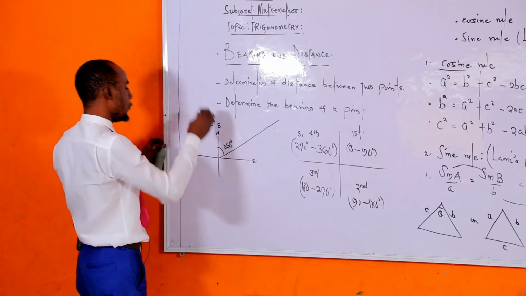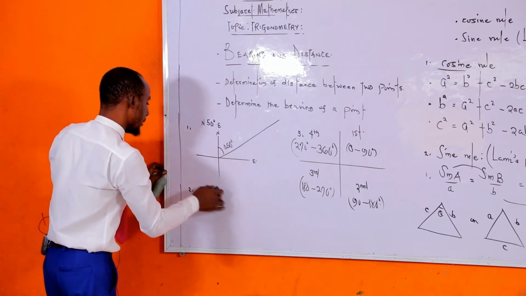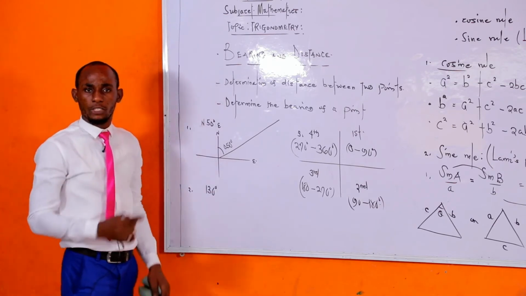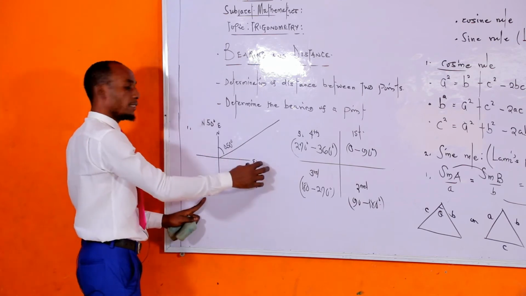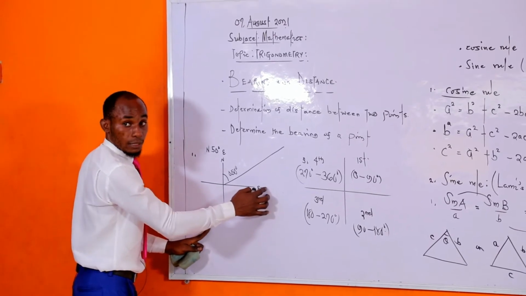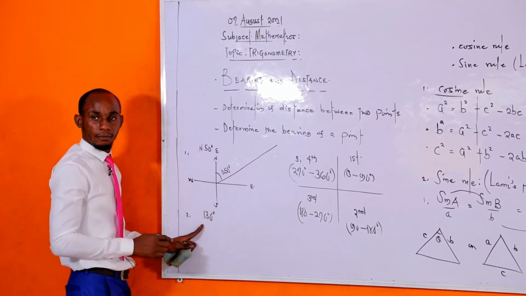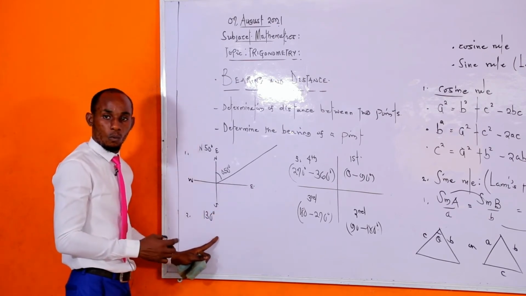Now, if I should give you this, 130 degree, let me ask you a good question. Where will this fall? Will it be northeast, or southeast, or southwest, or northwest? Southeast. It will fall at the southeast.